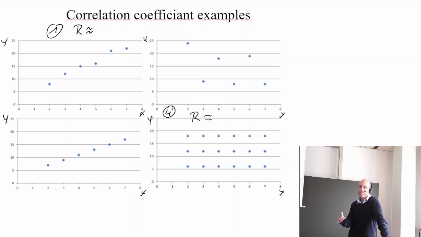If the data points are quite far away from your fitted line, then your R should be in absolute value quite low. If they are quite narrow around your fitted line, then you should be in an area around plus or minus 1.